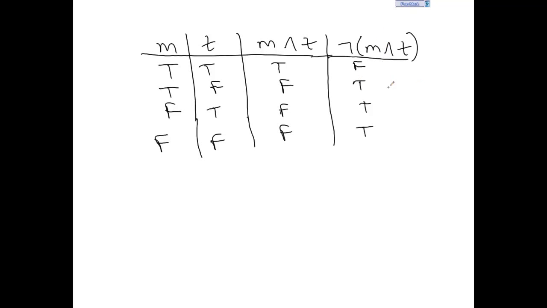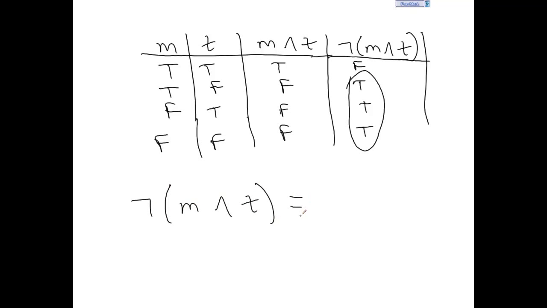All right, well, wait a minute. This right here, doesn't this look a lot like the values of a truth table we've seen before? Well, to me, this says, okay, well, wait a minute. If these three are all true, this is the same thing as, so I'm going to write M, not M and T. It would give me the same truth table as not M or not T. Okay, well, wait a minute.